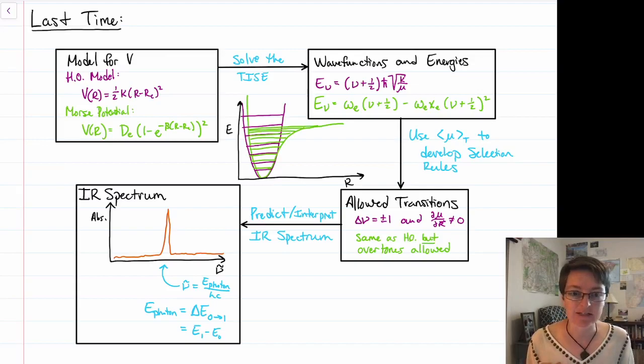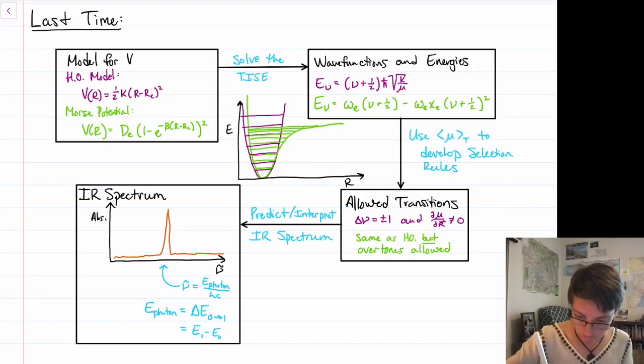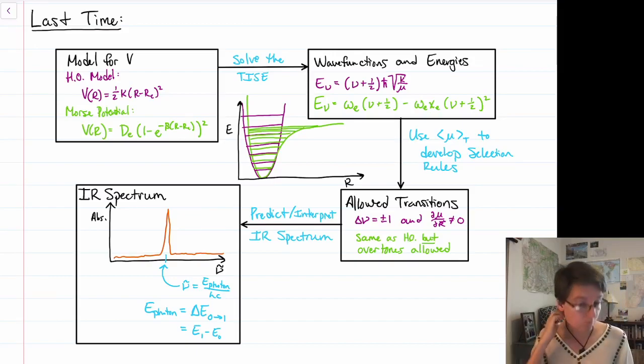And then last but not least, we can use all of this information to try and understand, either to predict an IR spectrum if we want to use computational chemistry, or to try and interpret a pre-existing experimental IR spectrum. And what we know is that if I see a peak in the IR, the wave number corresponding to that peak tells me the energy of a photon.